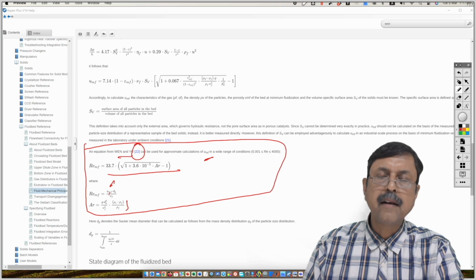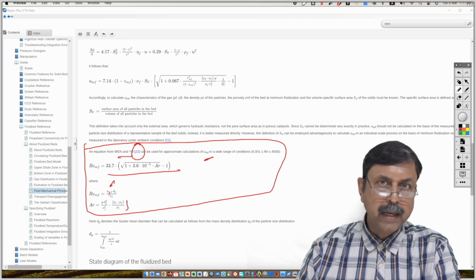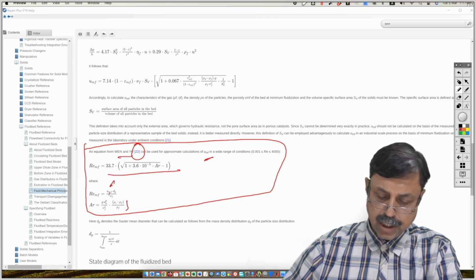So from there you can calculate UMF, the minimum fluidization velocity, by the Wen and Yu equation.